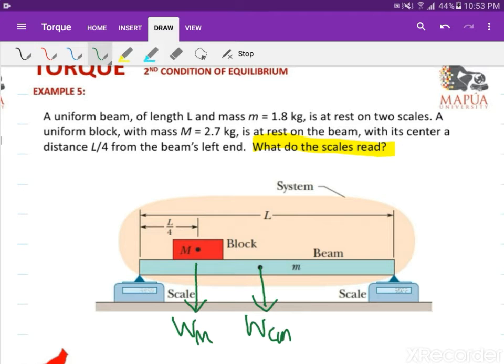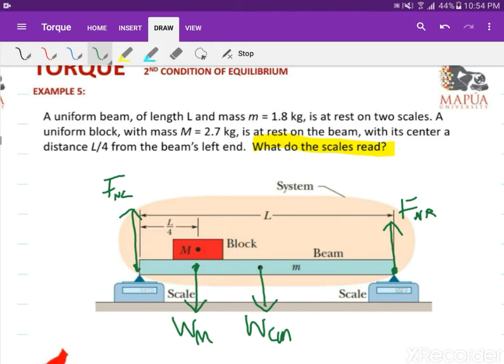So let's call those two force pairs F N R, since it's on the right, and F N L since it's on the left. Okay, so these are the only forces acting on the beam.